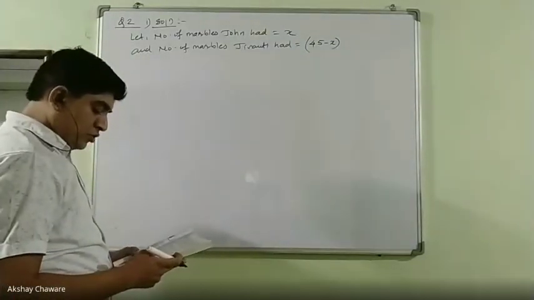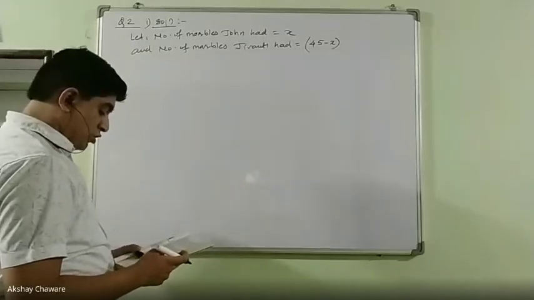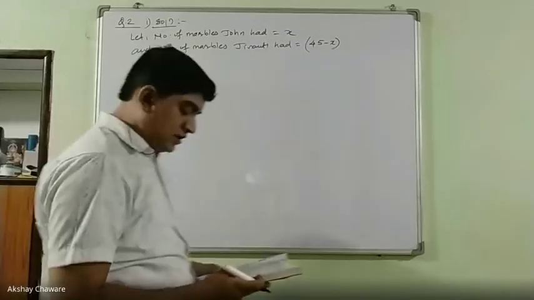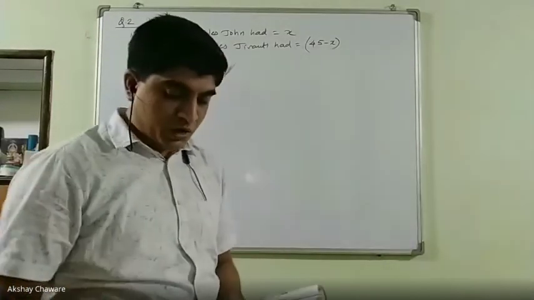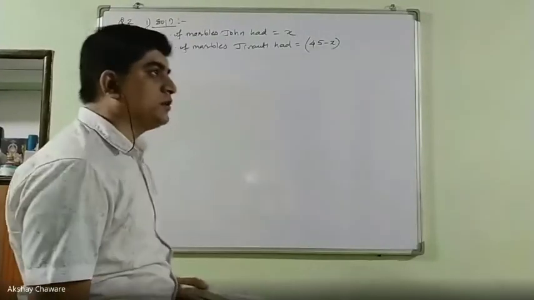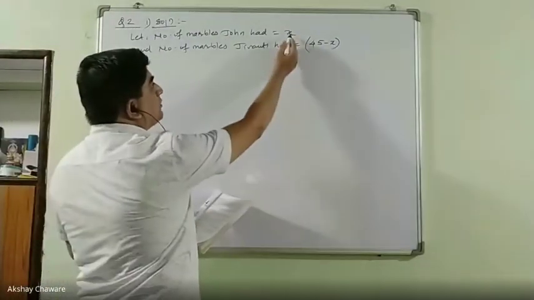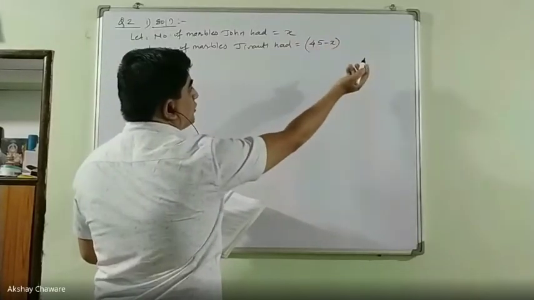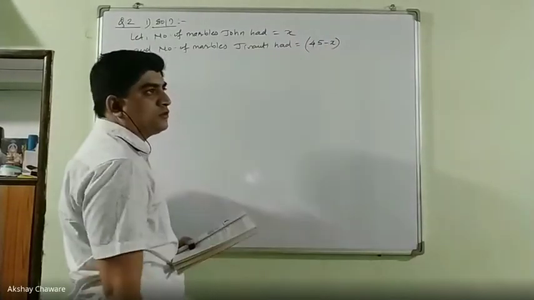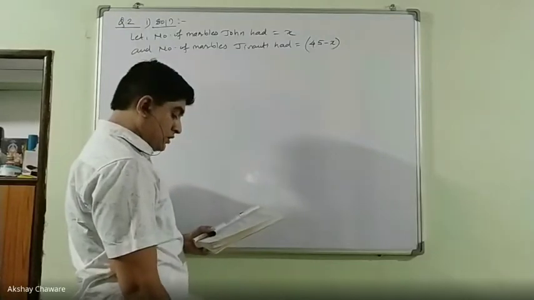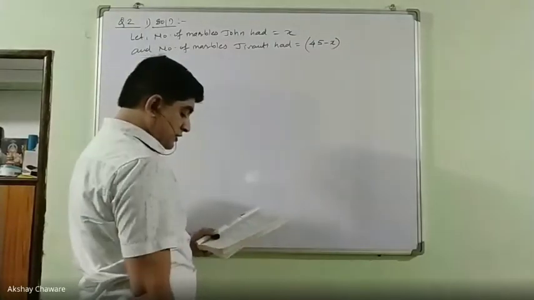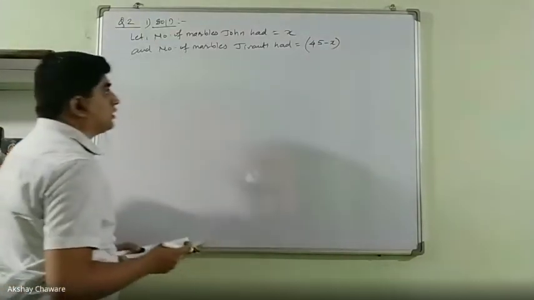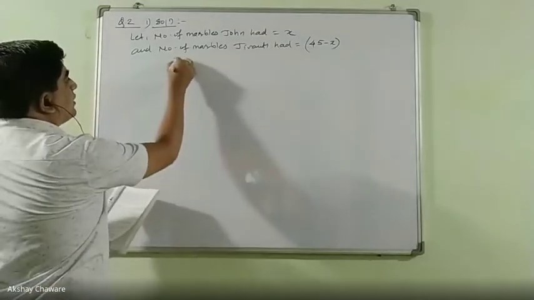Then both of them lost 5 marbles each, and the product of the number of marbles they now have is 124. Lost 5 marbles each means the new marbles will be x minus 5 and 45 minus x minus 5. These are the new numbers of marbles with both of them. So we will directly write the condition.